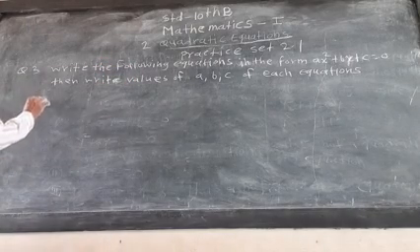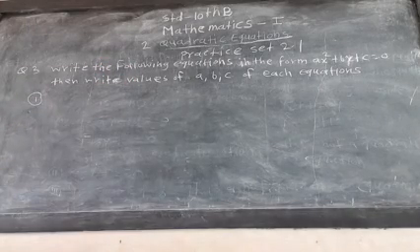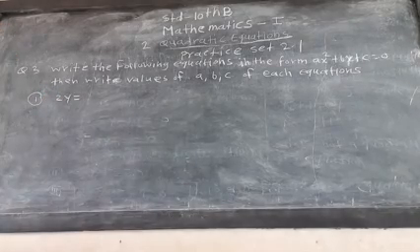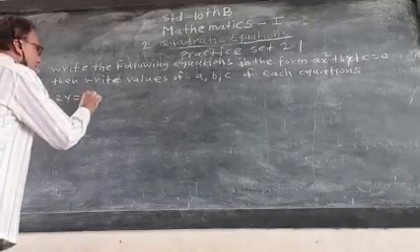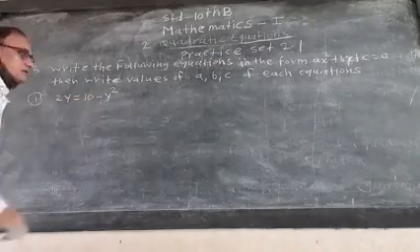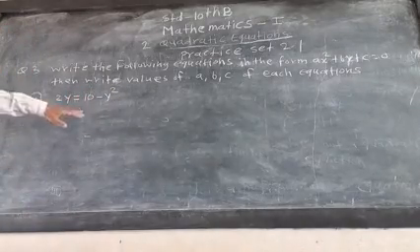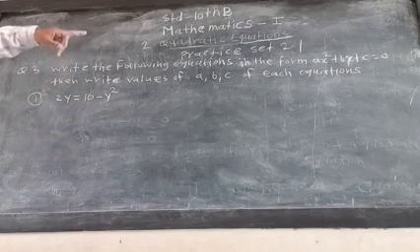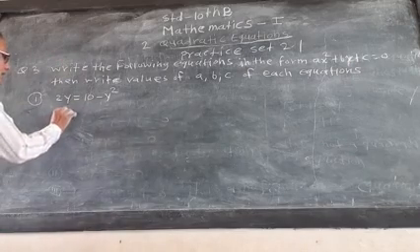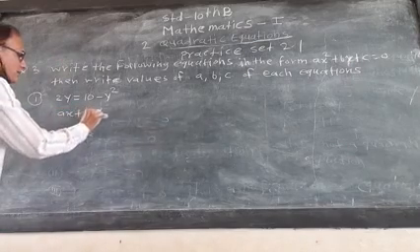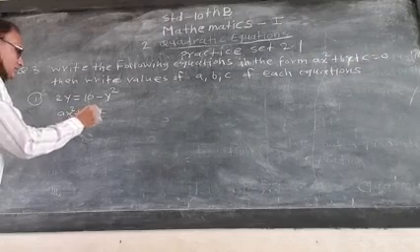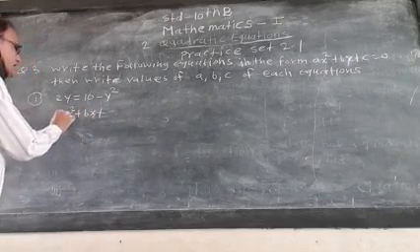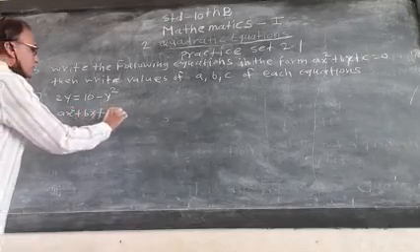Now we solve example number 1. 2y equals 10 minus y square. This is not standard form. We convert this equation to the standard form ax square plus bx plus c equals 0.